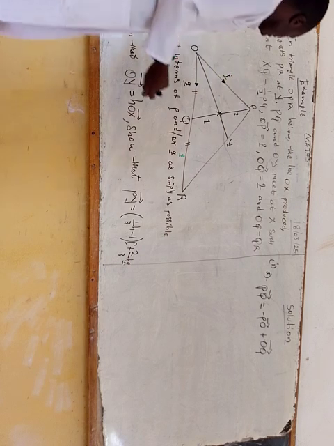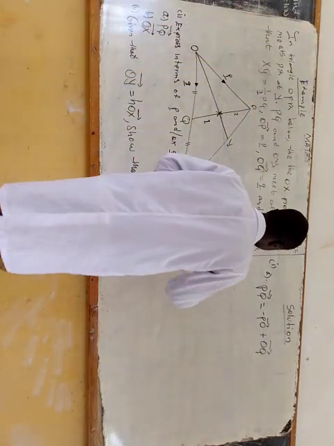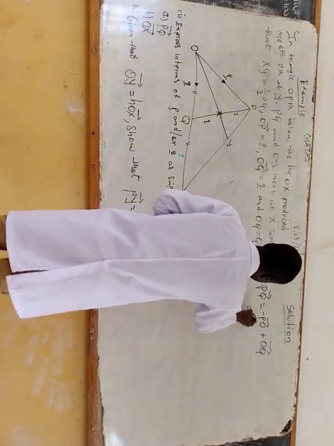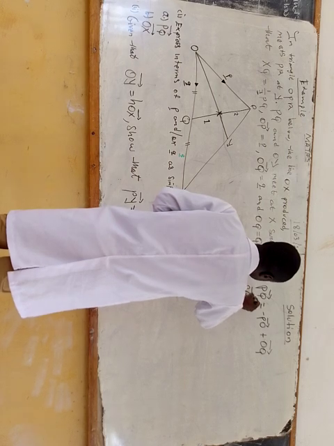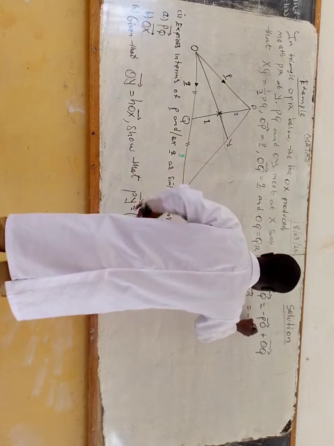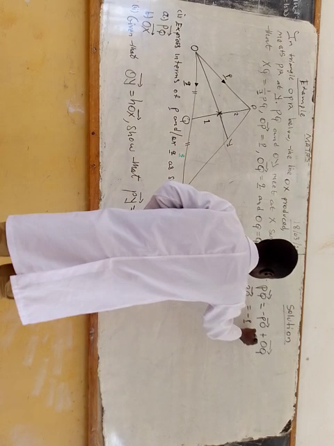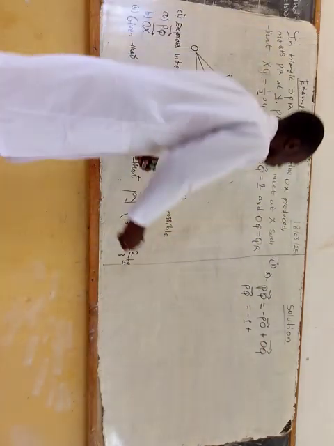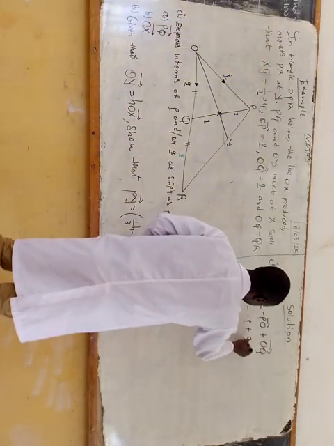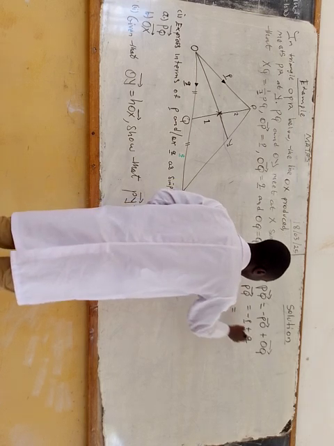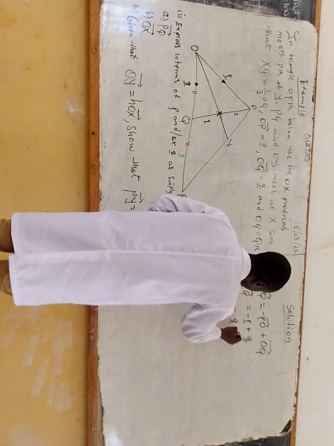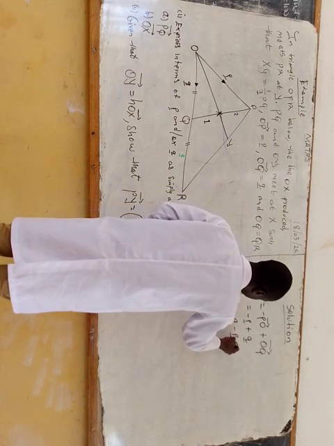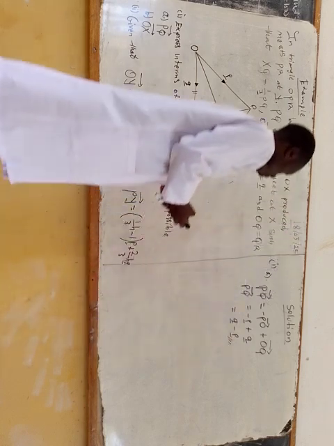Since OP is P, we have negative P, then plus OQ, which is vector Q. So you can start with the positive vector Q, then minus P. So there you are, done.